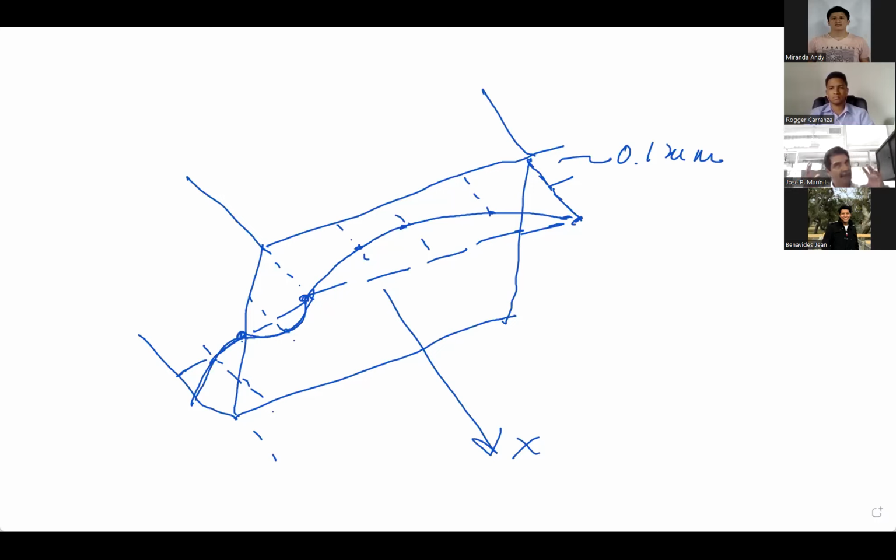Normal stress is something which has some physical meaning. But this case is a displacement in that direction. This is U, okay? Remember, U is the displacement in X direction. So if you plot and say that this is the X axis, this is the displacement in that direction.